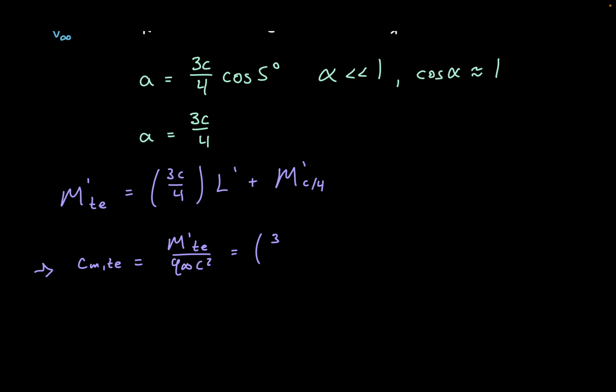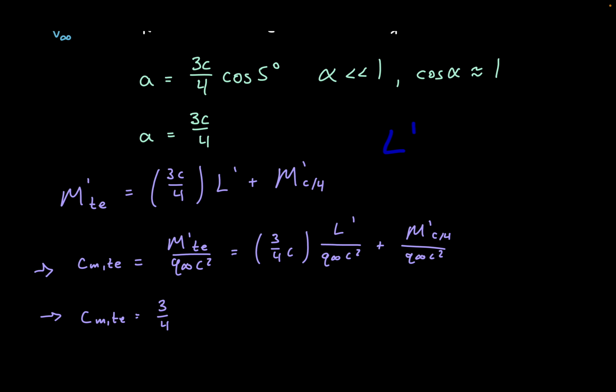So essentially I have 3/4 c, and then L prime divided by q infinity c squared, and then plus m prime c/4 divided by q infinity c squared. So then that will leave us with our 3/4, that's not going away, and then we'll have the L prime divided by q infinity c squared.